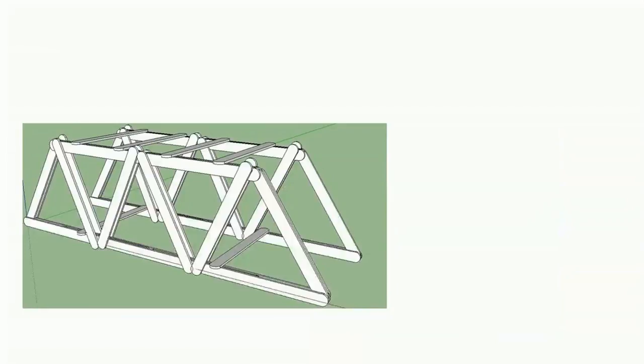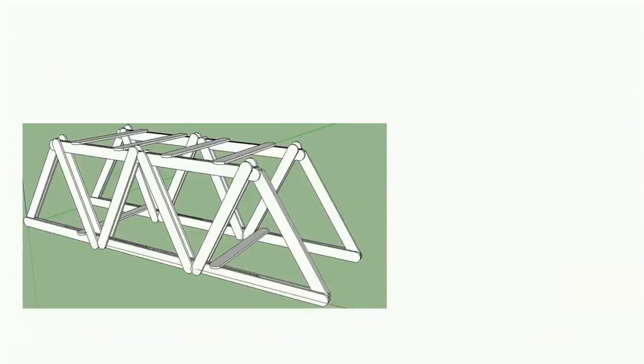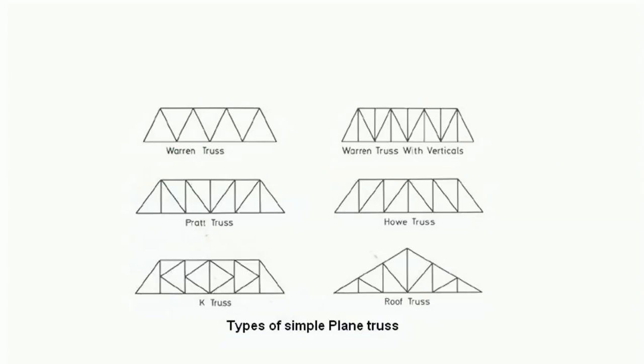Here we are going to solve it. It is actually a three-dimensional structure, but we are going to solve only the two-dimensional one. Various kinds of two-dimensional structures are shown here. Instead of structure, we are going to call it a truss.